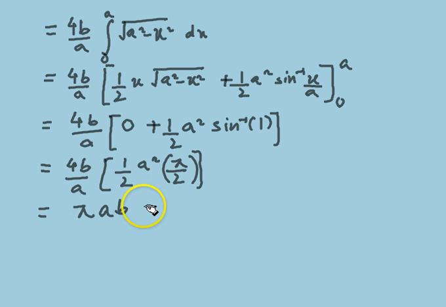Thus the area of the given ellipse, whose equation is x square by a square plus y square by b square equal to 1, is pi a b square units.